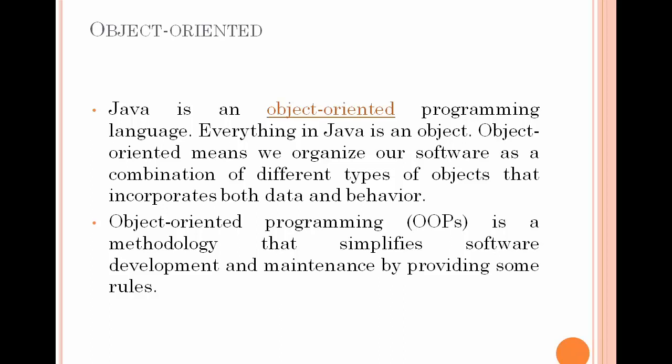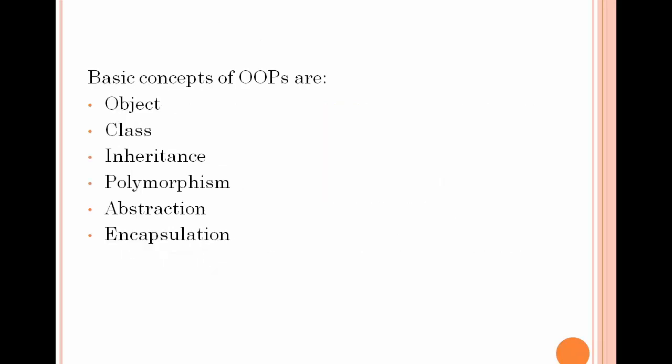It is used for software development and also for maintenance by providing some rules. The basic concepts of OOPS are class, object, inheritance, polymorphism, abstraction and encapsulation. We can discuss the OOPS concepts briefly in future classes.